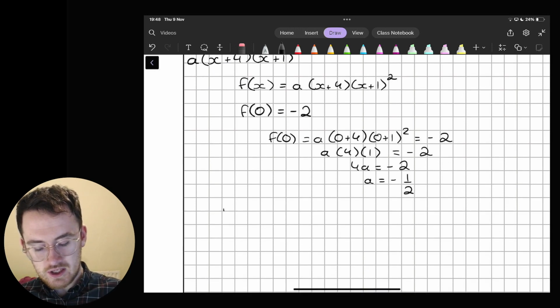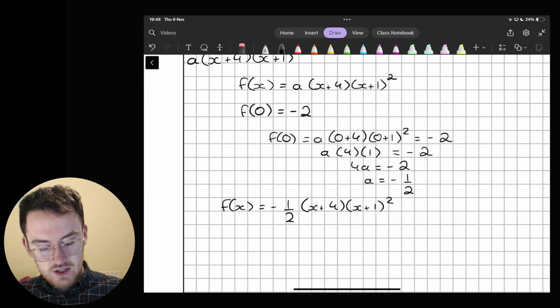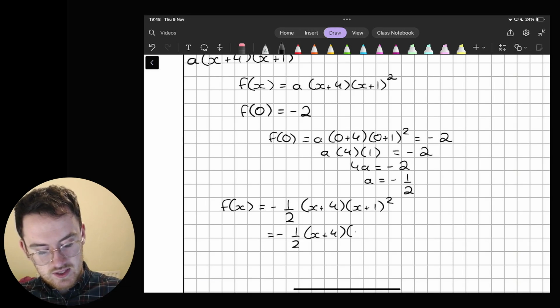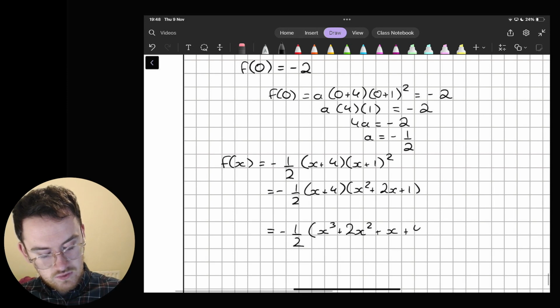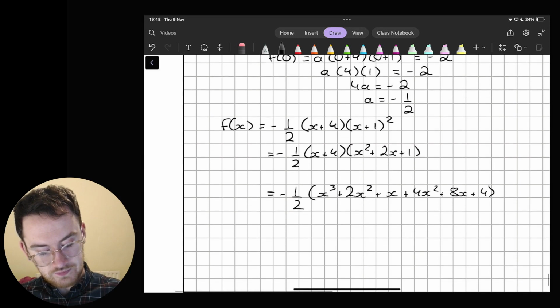Going back to my original function now, I can fill in my value for a of minus a half. I have x plus 4 and x plus 1 all squared. So I'm going to move forward to evaluate some of the parts of this. So x squared plus 2x plus 1, and x cubed plus 2x squared plus x plus 4x squared plus 8x plus 4.